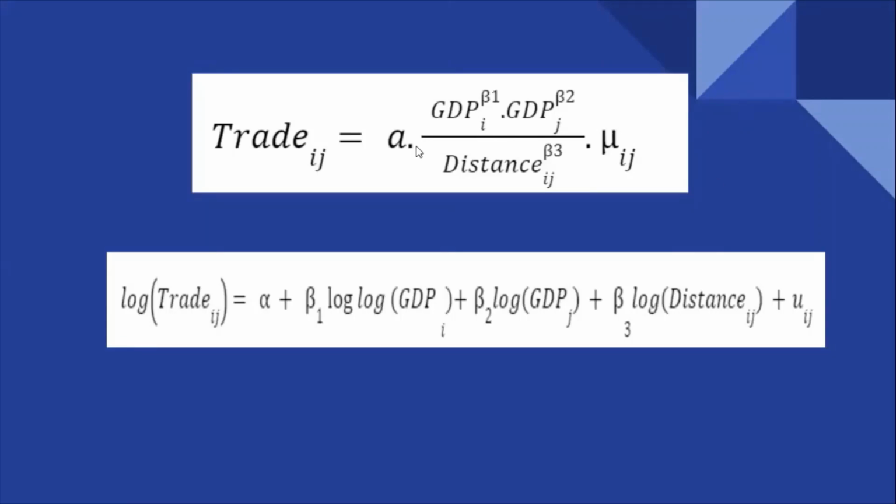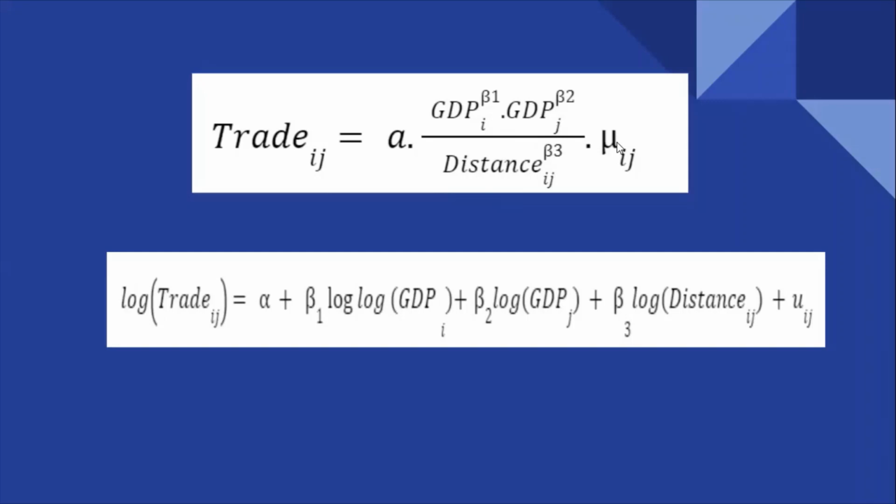Okay, so where A is a constant and GDP I is for the host country and GDP J is for the partner country. Okay, so here the subscript I is for the main country and J is for the trading or the partner country. And distance here shows the distance between country 1 and country 2. Okay, and U is the error term.